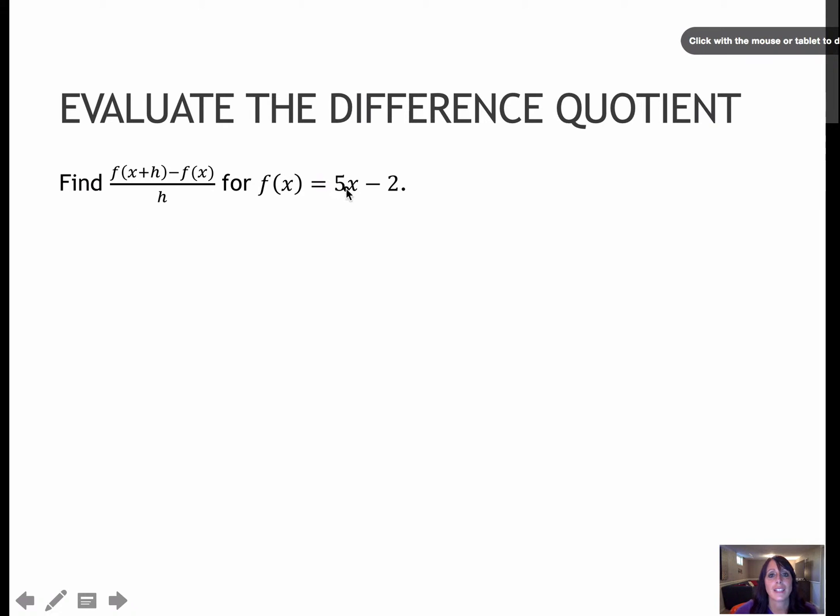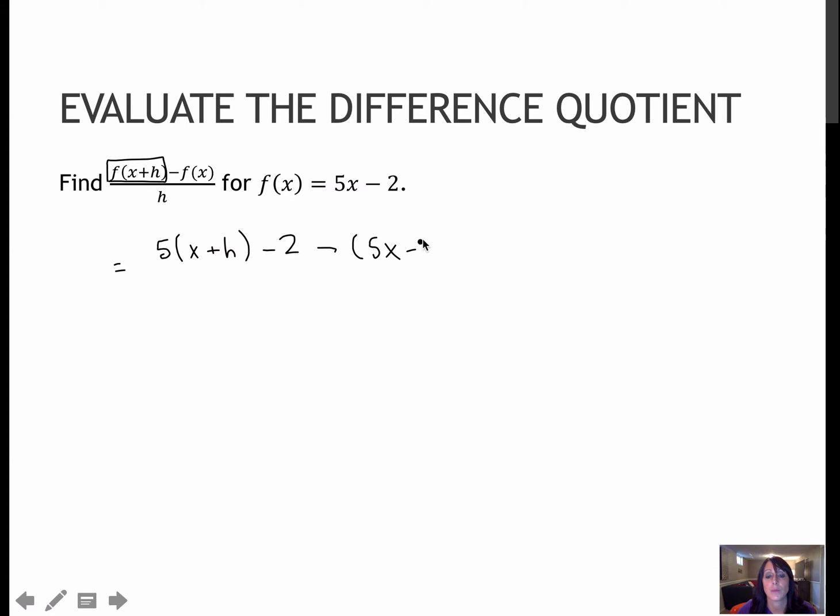So if f of x is 5x minus 2, that means I would find 5, and then instead of x, I would put x plus h, minus 2. That would be this value. I would subtract from that f of x, which is 5x minus 2.